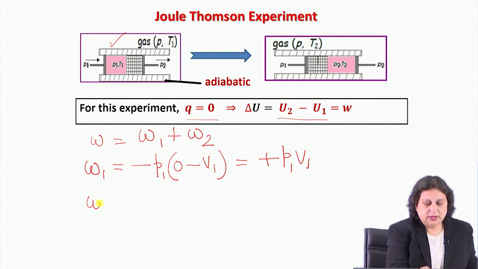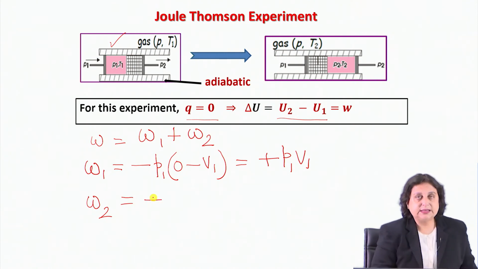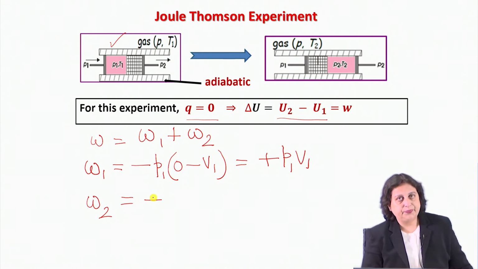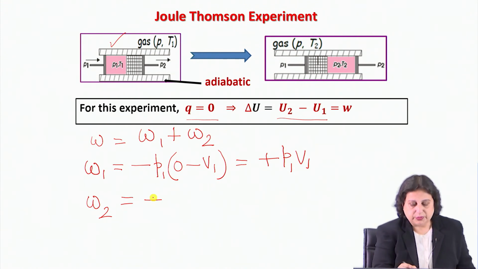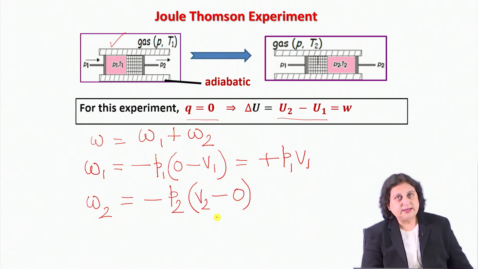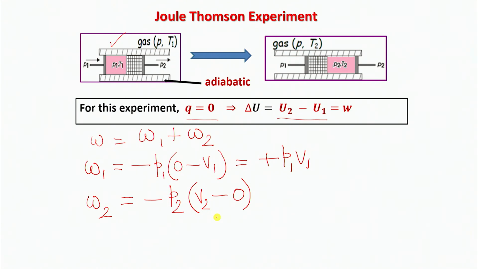Now, what is W2? W2 is minus P external into the final volume it attains minus its initial volume, and here P external is P2. Therefore, this is P2 into V2 minus 0, because in the right hand compartment I started from a 0 volume of the gas and I ended up having a volume V2, and this expansion was carried out against a constant external pressure of P2. Therefore, I can find out W2 is equal to minus P2 V2.